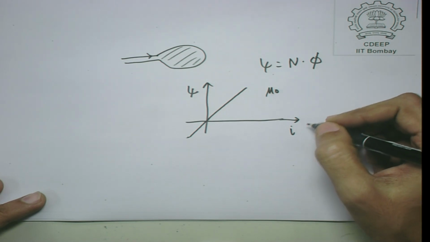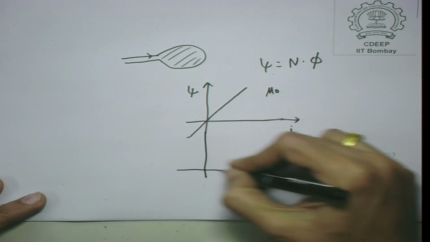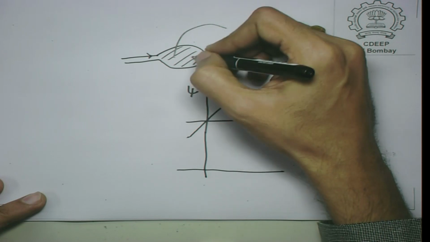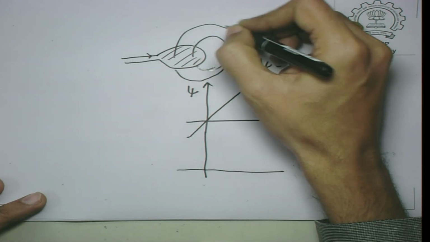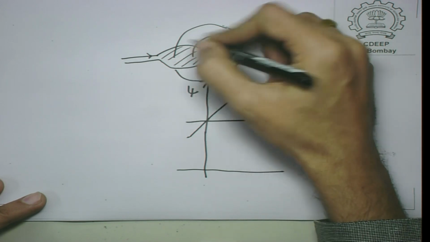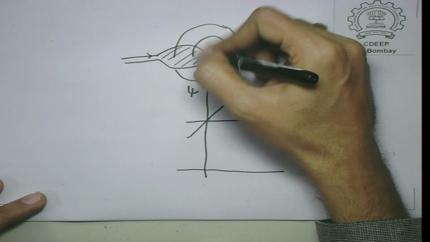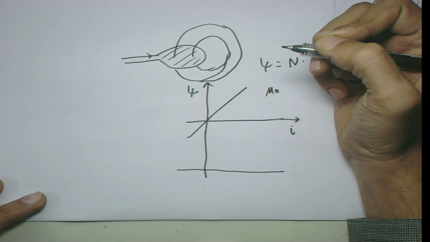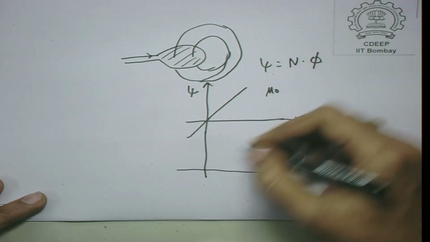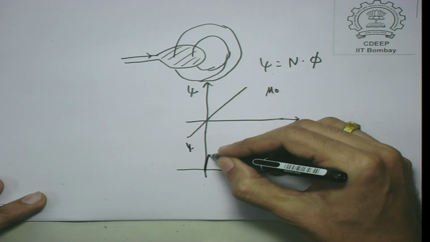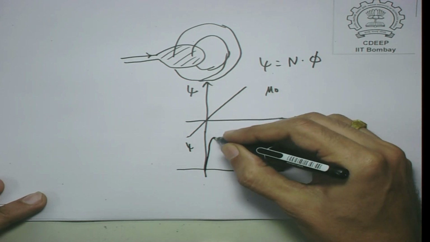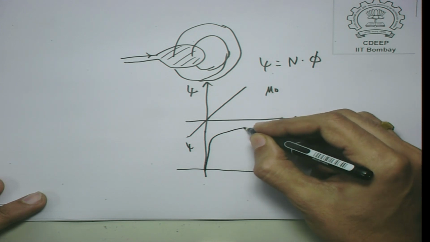And what we see, in case you have got a ferromagnetic core, suppose I have got a toroidal core and this is wound around a toroidal core, in that case, this psi is much higher. So, you get something like this, but it saturates after a while.